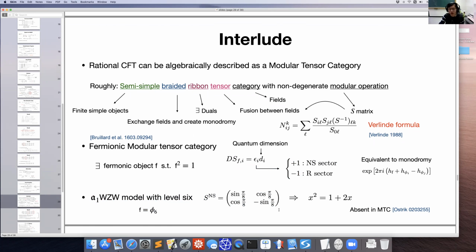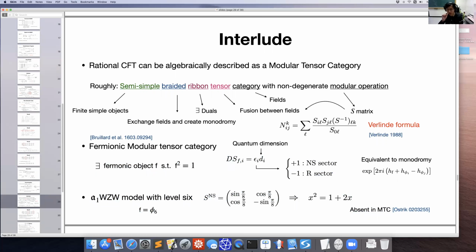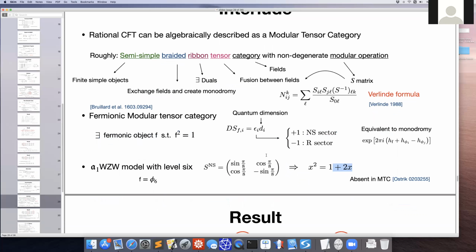Another interesting fact is that you can apply the Verlinde formula to get the fusion rules only in the NS sector, and you get this fusion ring. According to the classification of fusion categories, this fusion rule is not present in the bosonic MTC, so this is somehow unique to the fermionic modular tensor category. That's just a side remark, but I would like to point out some connection to other areas of physics.